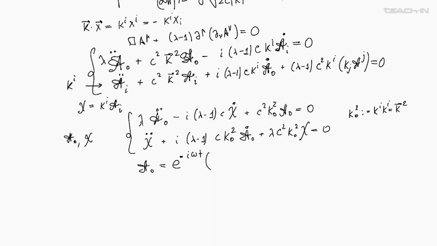But in order to actually remove these linear terms, you need to assume that there is an extra linear dependence on time, where I put h0 and a as constant coefficients, which I have to determine. And a similar ansatz for chi: exponential of minus i omega t times u plus bt. So the variables which I have in this ansatz, and which I have to determine, are h0, a, u, and b, which are constants.